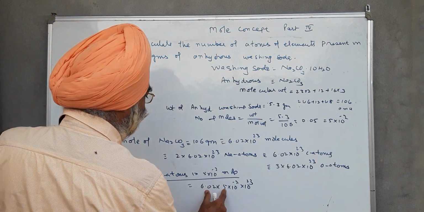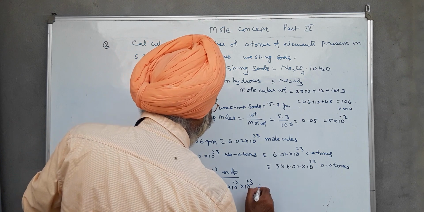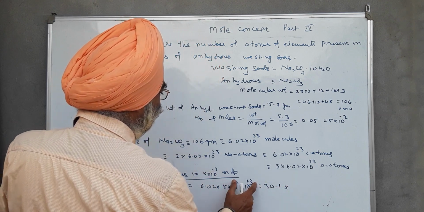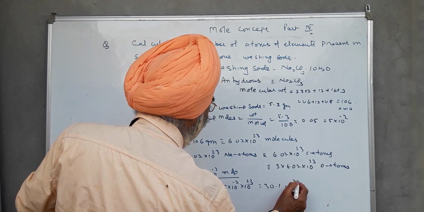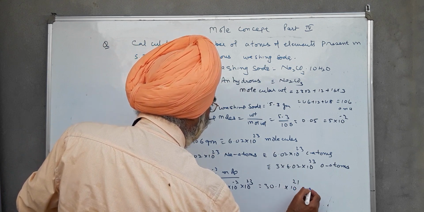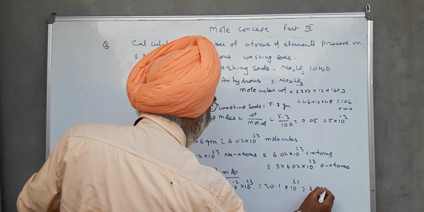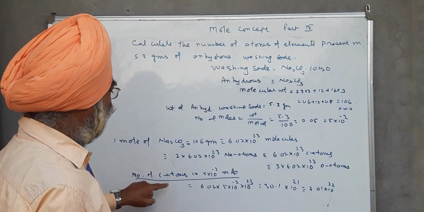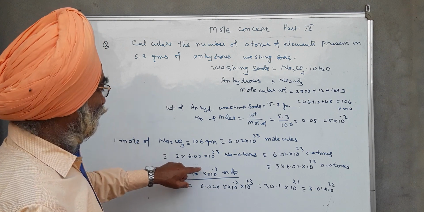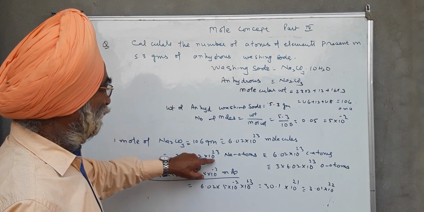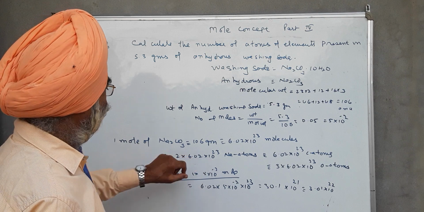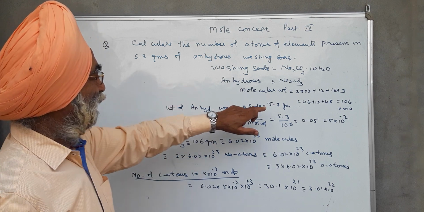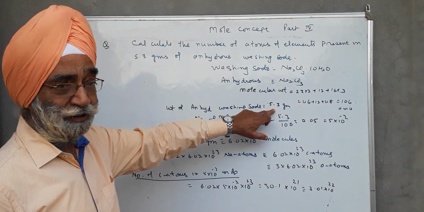It will be 30.1 into 10 raised to the power 21, or 3.01 into 10 raised to the power 22. This is the number of carbon atoms in 5 into 10 raised to the power minus 2 moles, or 5.3 grams of washing soda.